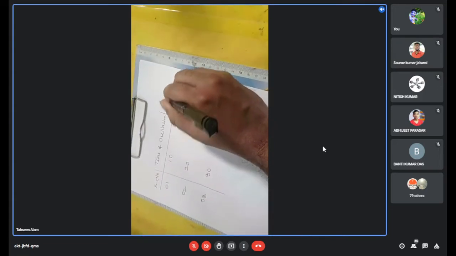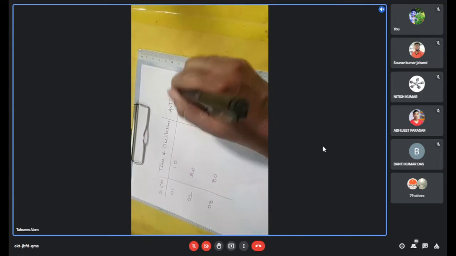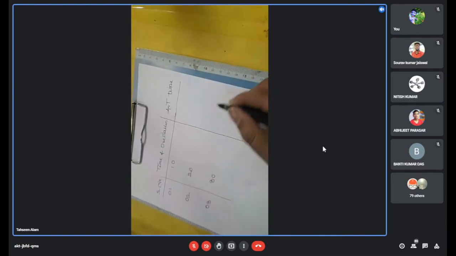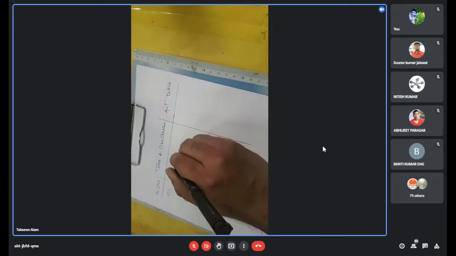So you can see here in serial number 1, we will record time for 10 oscillations, 20 oscillations, and 30 oscillations.